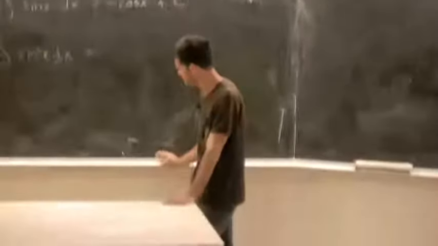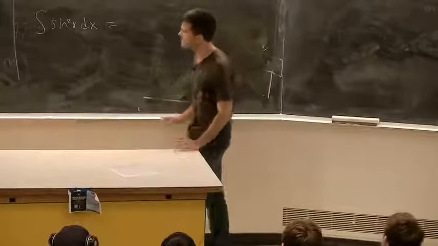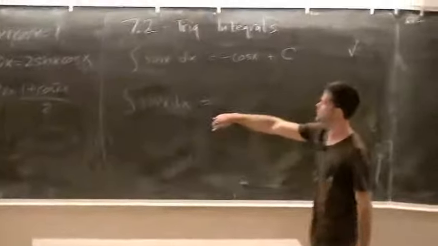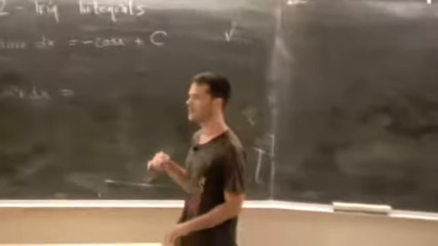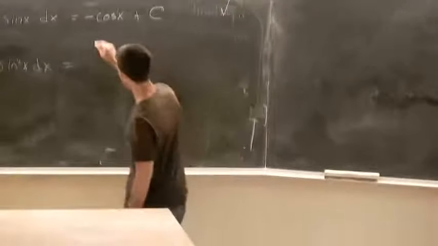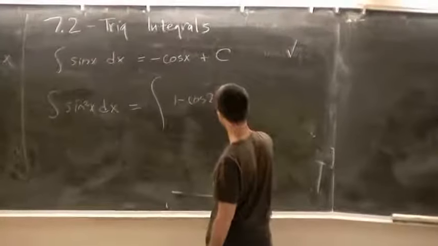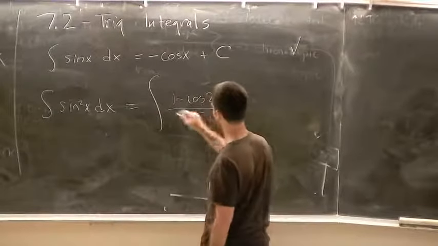The trick that we used was the double angle formula, using the fact that sine squared is 1 minus cos 2x over 2.